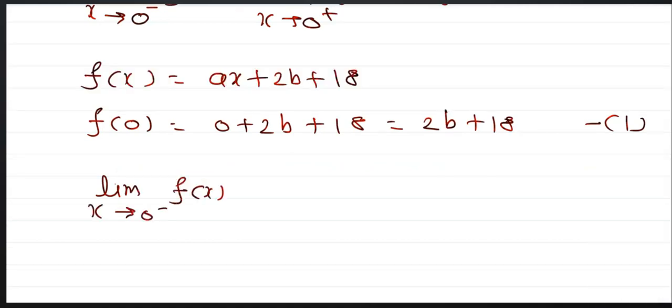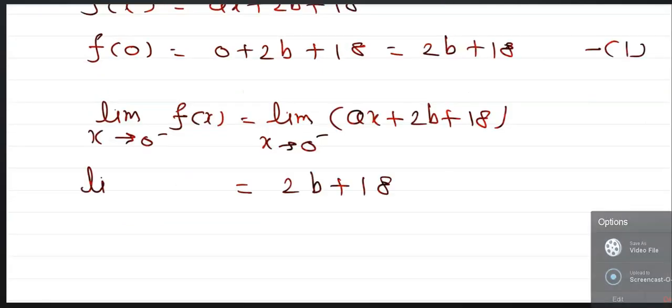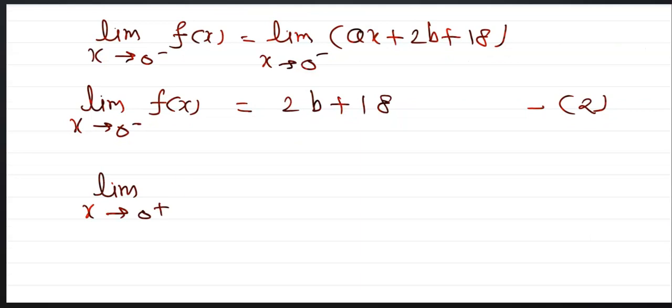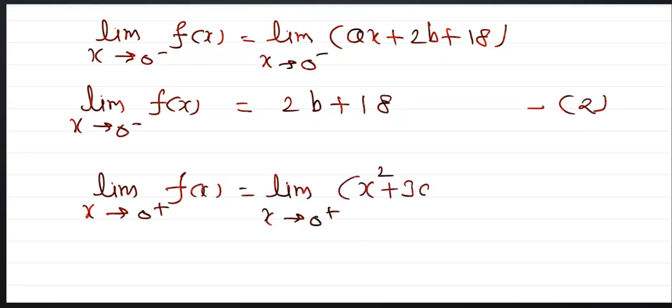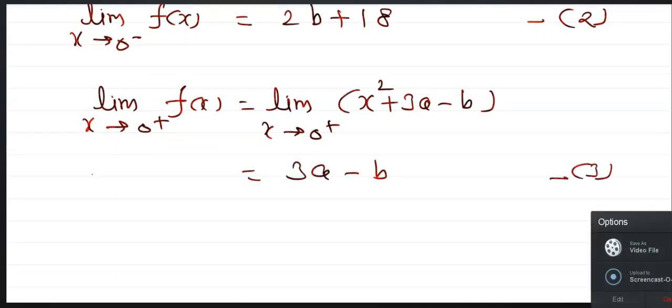Next, the left hand side limit of f of x, ax plus bx plus 18: as x tends to 0, this term becomes 0. That is 2b plus 18. This is number 2. Right hand side limit of f of x as x tends to 0, x square plus 3a minus b. That is 3a minus b.